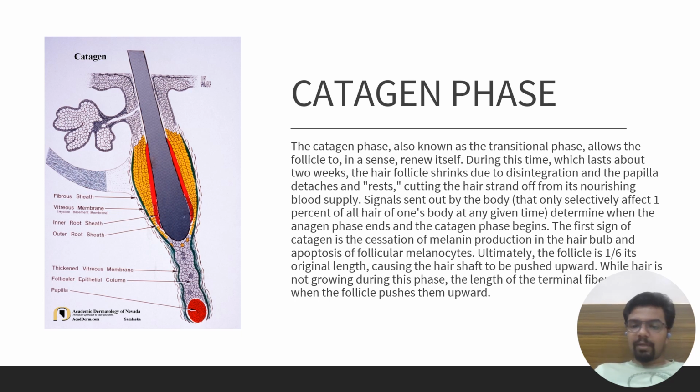This is basically a transitional stage, cutting the hair strand off from its nourishing blood supply, and signals are sent out by the body to determine when the anagen phase ends and the catagen phase begins.